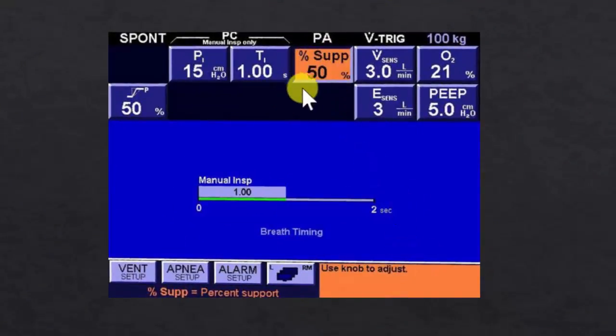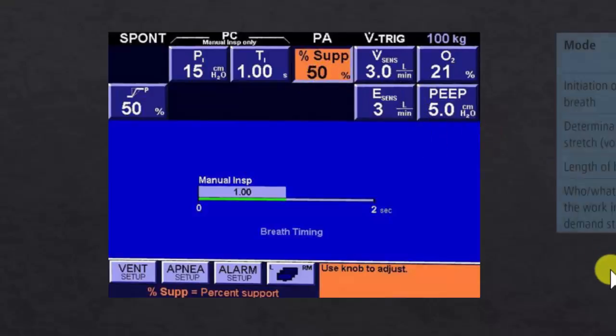Here we're setting the patient to get 50% of the work of breathing. The timer and the inspiratory pressure are not set. This is confusing. This is for manual inspiration only, a 1 second breath. The only real things we set are the PEEP and what percentage of support.